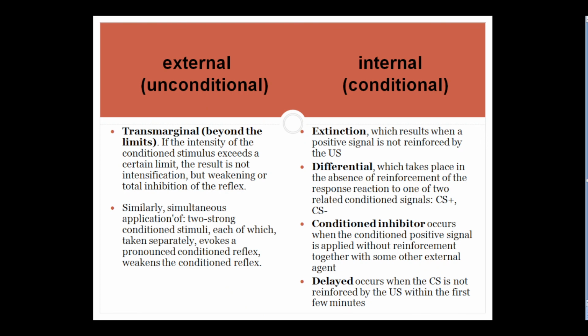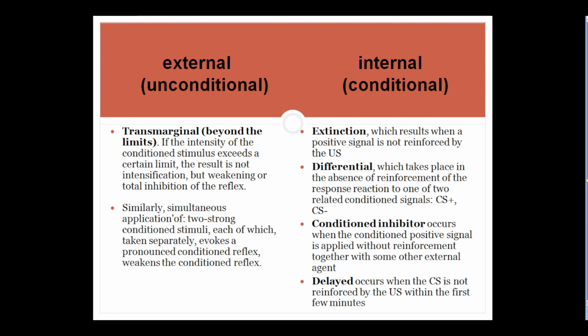For example, if the sound you give is too loud, or if you ring the bell and give the food to produce salivation, but at the same time you place a cat next to the dog, obviously there will be no salivation, because the cat quite close to the dog is something beyond the limits, something which the dog cannot stand. And as you can see, you didn't change the procedure much, but introducing a new factor into it changes the whole thing. This is transmarginal, or beyond the limits.